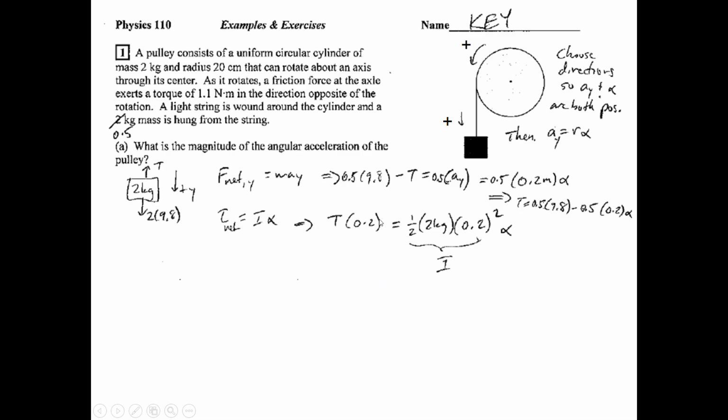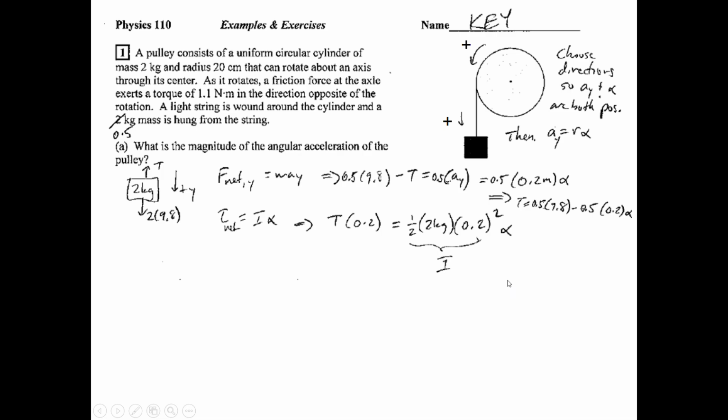So I've multiplied it by 0.2 meters, and it's a positive torque, so I put it in with a plus sign. T times the moment arm, and it comes in with a plus sign. That's the net torque, because there's only one torque contributing to it, and that's equal to I times alpha. That's our relationship we just got.